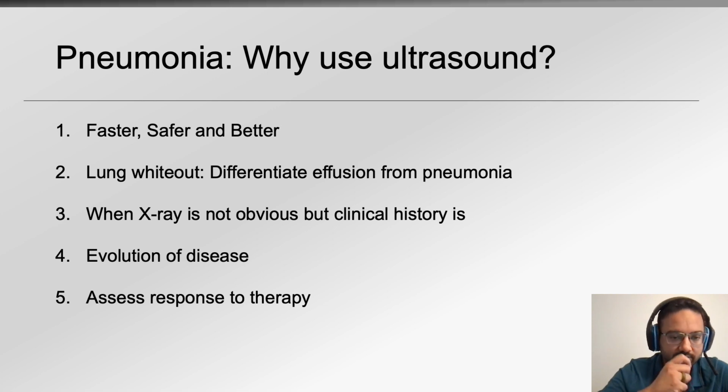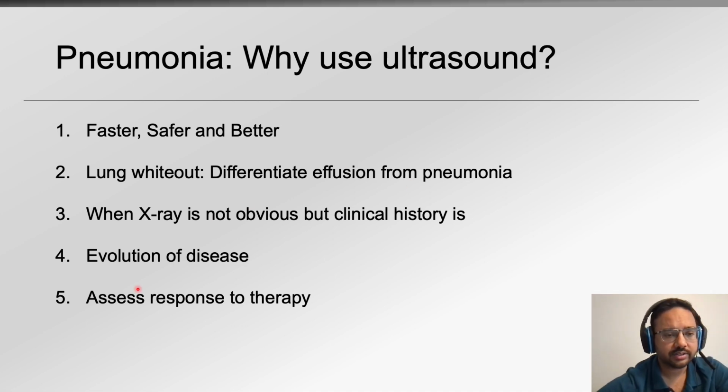So these are 4 or 5 reasons which I think ultrasound may be helpful in. So it is definitely faster, safer, and better at diagnosing. When I see a lung x-ray where the lung is whited out, it's harder for me to differentiate between effusion and pneumonia when signs such as shifting of mediastinum or collapse of ribs are not clearly seen.